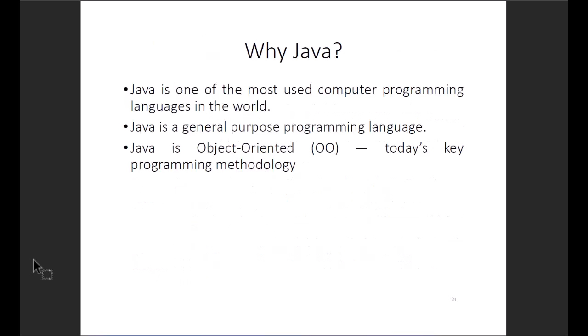Alright, now why Java? Java is one of the most used computer programming languages. Now Python is a competitor, but why is Python a competitor? If you search online, you see at some times during the school periods, like when you start in the fall and the spring, Python is very common, but then the usage of Python declines in the summer because Python is mainly used in education.